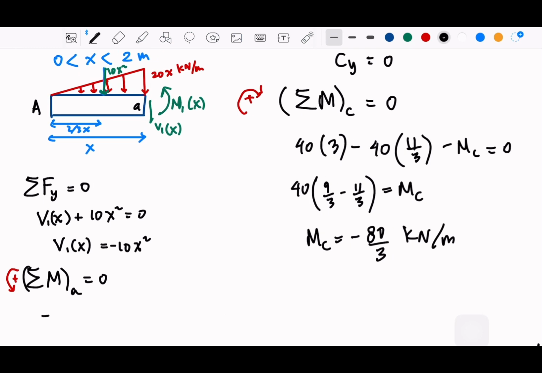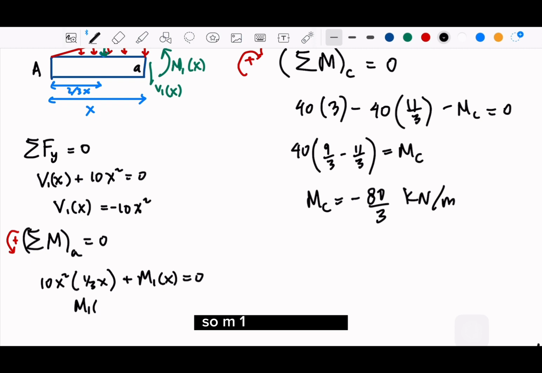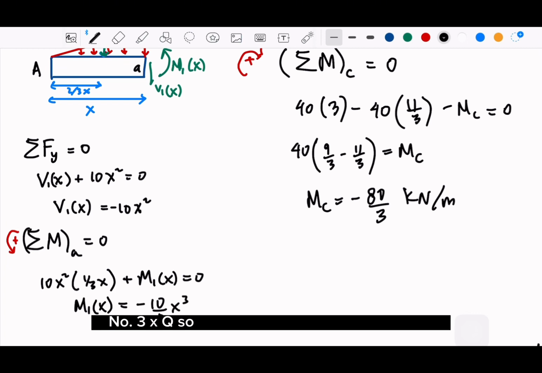So negative 10x squared times 1/3x plus m1x is equal 0. So m1x, the function, is negative 10/3x cubed. So we have all the equations we need, I think.